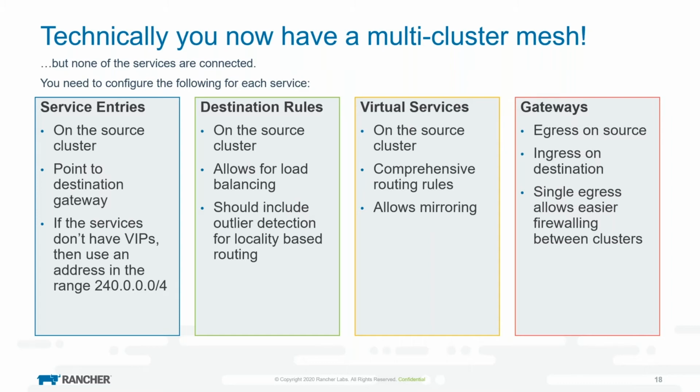And then lastly, there's gateways. You have the option to do an ingress and an egress gateway. Ingress gateway being the way that we're handling the mutual TLS from cluster to cluster. Egress gateway being more helpful for firewalling to make sure that you're using a single source IP.